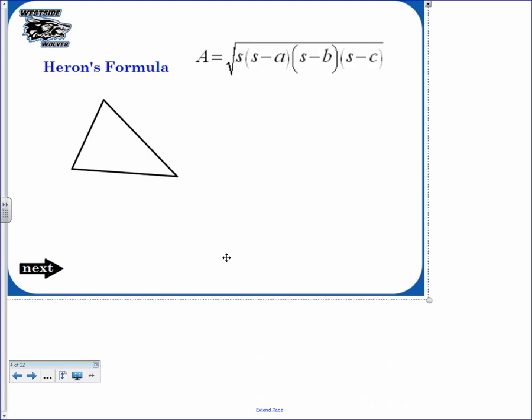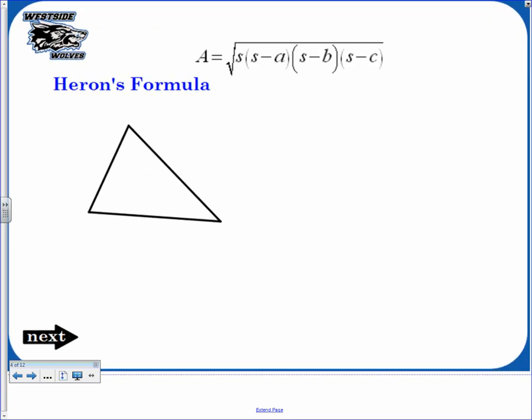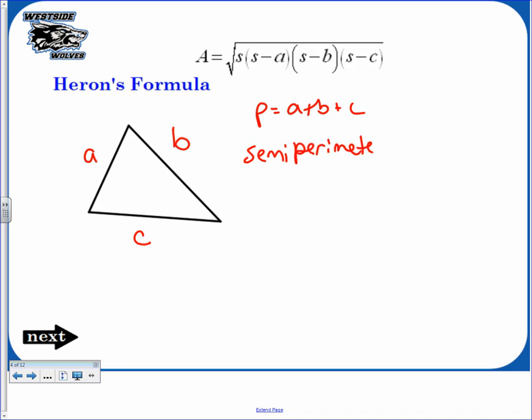So this is our Heron's formula. We need to learn this one where we have sides A, B, and C. In the formula, the perimeter of this figure is A plus B plus C, but the semi-perimeter is equal to the perimeter divided by 2.